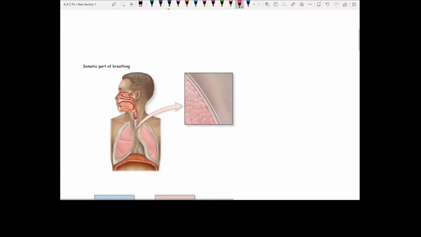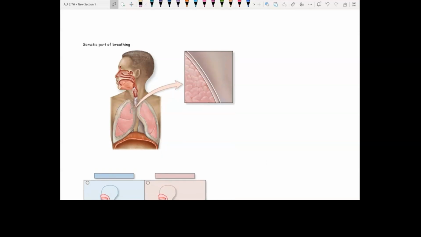Okay, next we'll look at some more detail of how you pull that air in and out. Remember with the heart, we talked about the pericardium, that sac around the heart, the double layer serous membrane. Well, you have that around the lungs also. So right here, this is lung tissue.